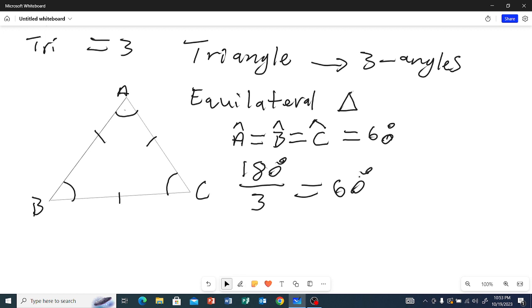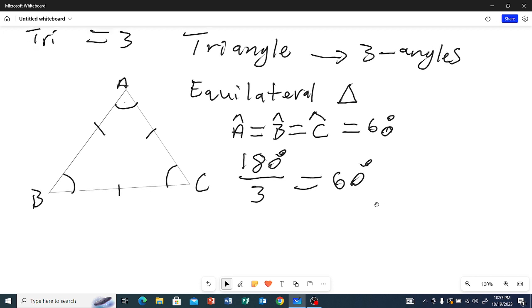Now let's learn about another type of triangle. Another type of triangle that we're going to talk about is an isosceles triangle.